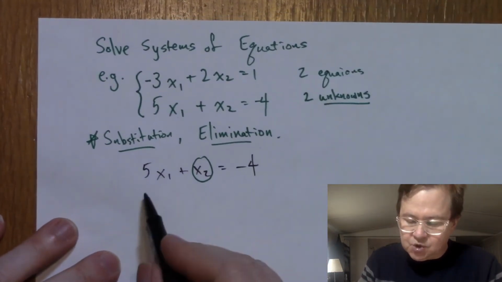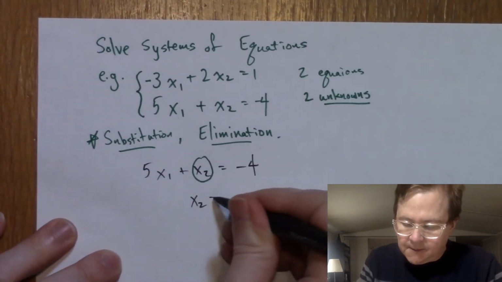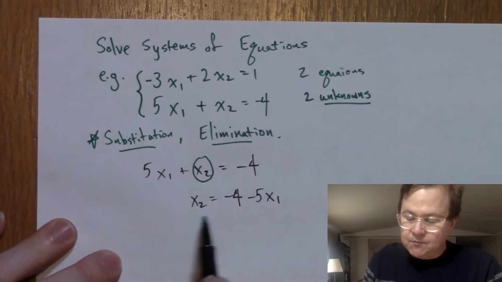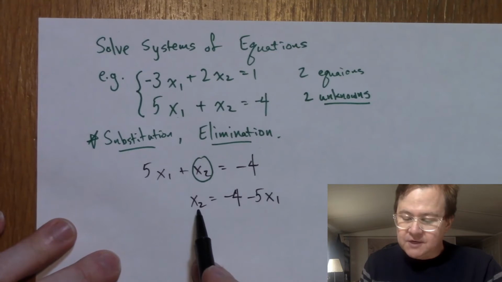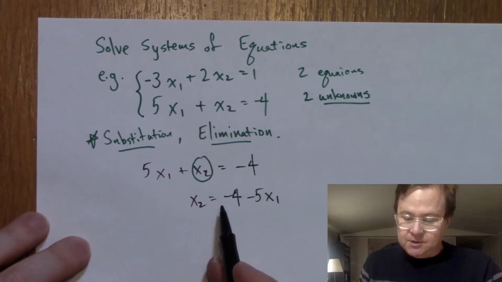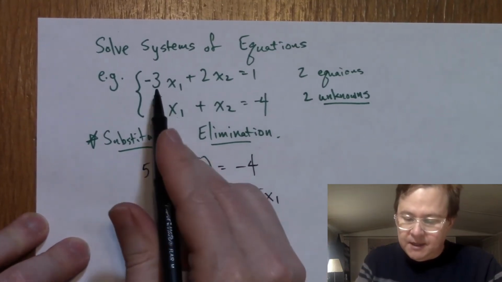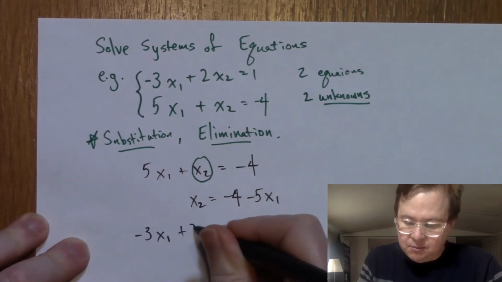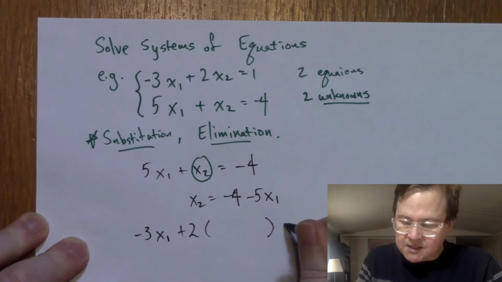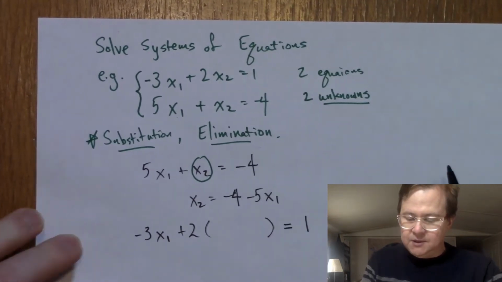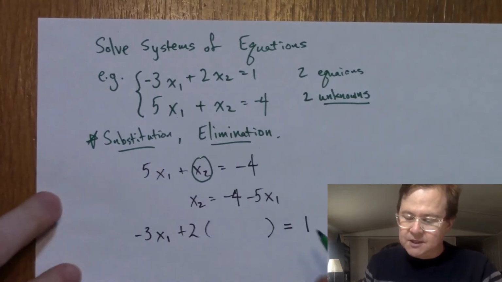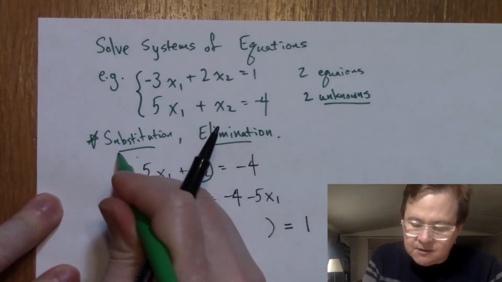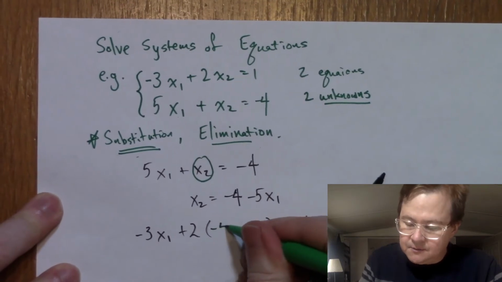And if I subtract 5x1 from both sides, I have a formula for x2. What I can now do is recall my first formula, that is to say negative 3x1 plus 2 times x2, and that ought to equal 1. Now in this particular case, I have a formula for x2, so instead of writing x2, I'll substitute it with what it's equal to.